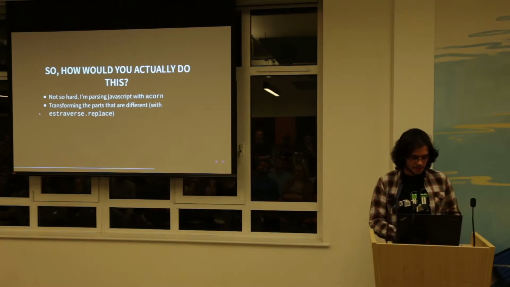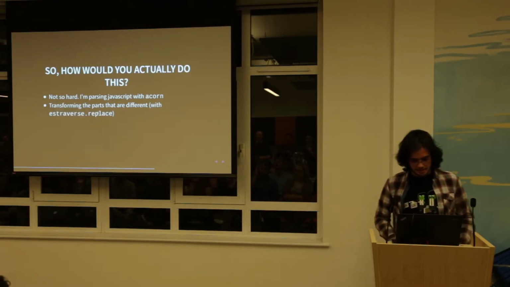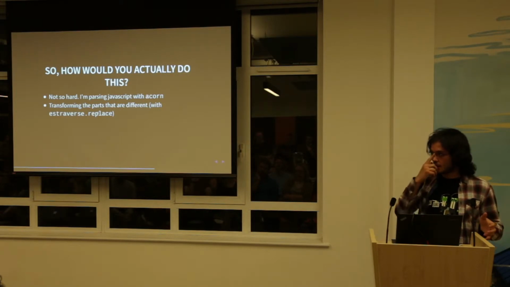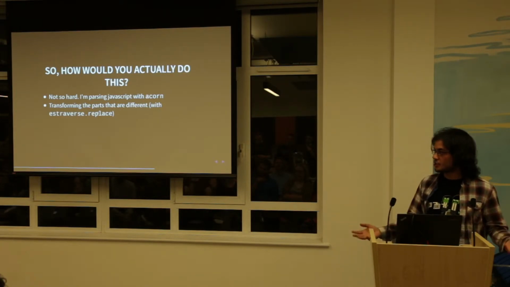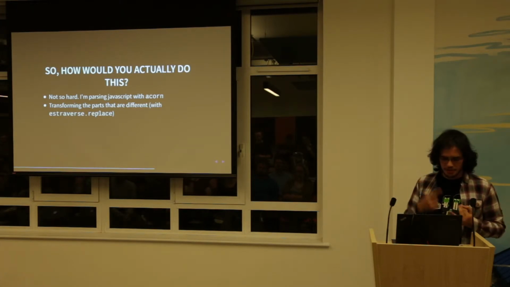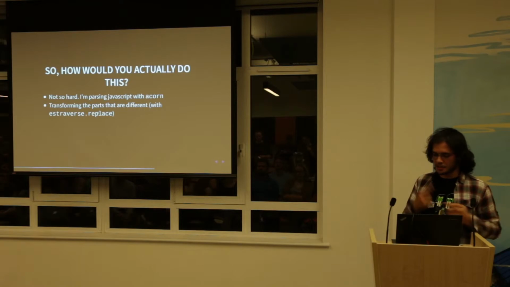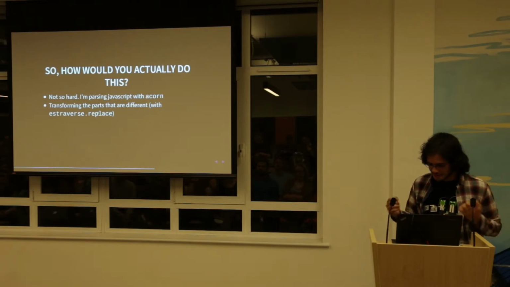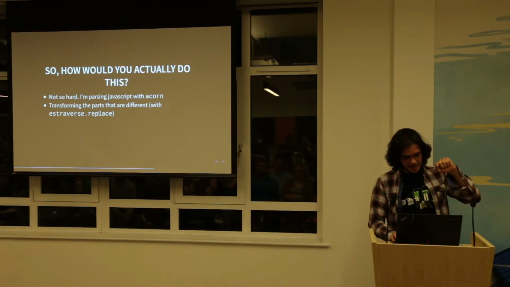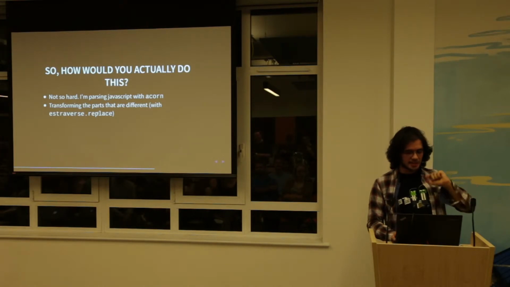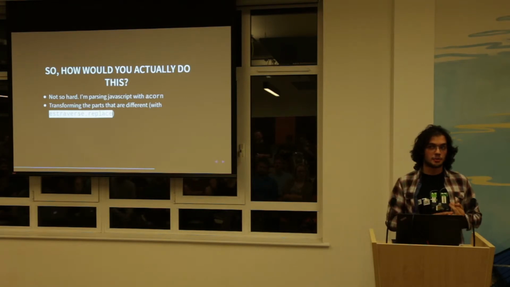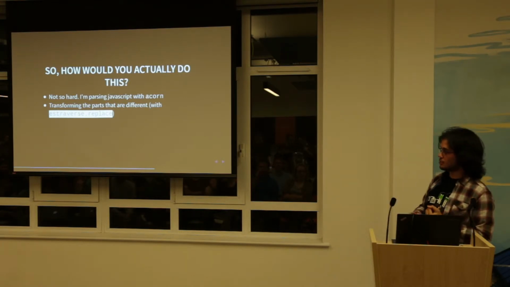So estraverse.replace is a function that takes a JavaScript abstract syntax tree, which is a representation of your code, which contains your identifiers, your statements, your expressions, your binary expressions, and your functions and stuff. And it's beautiful. And you kind of use this function, and it takes an AST node and it returns another one, which is why it's called replace.